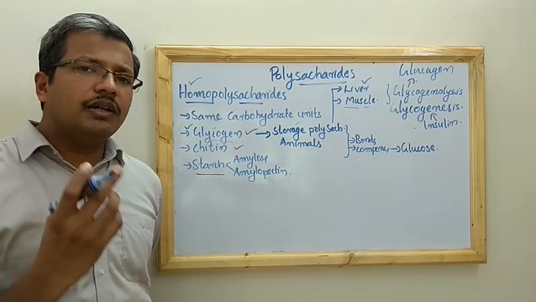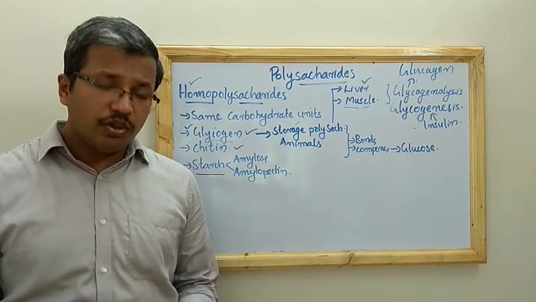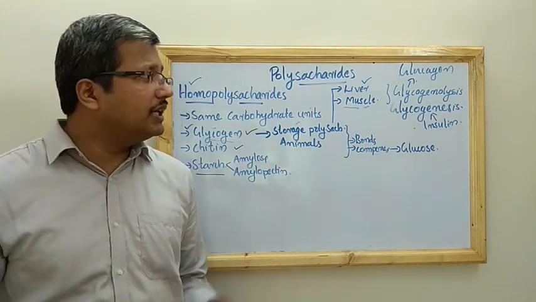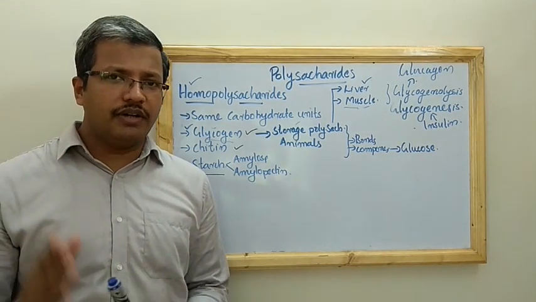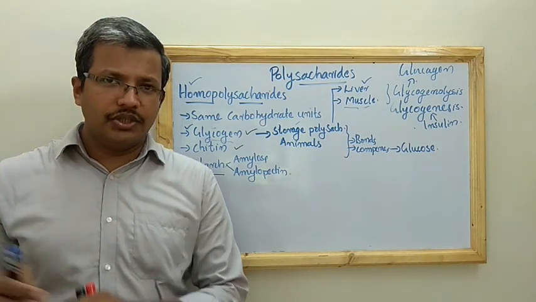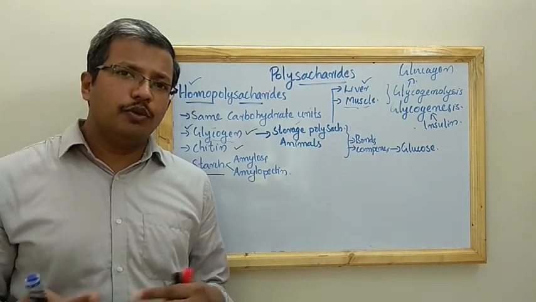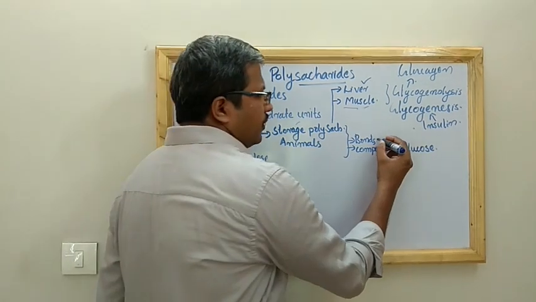Now the question is, what are the types of glycosidic bond where glucose is linked to form glycogen? There are two types of glycosidic bond that you can find in glycogen. One is for linear polymerization and the second one is for branching. So the bond will be of two types.